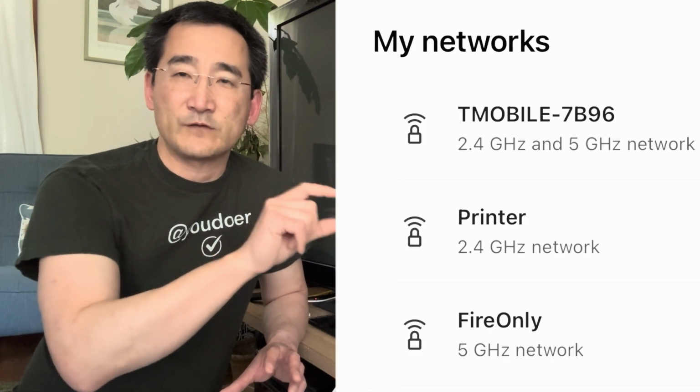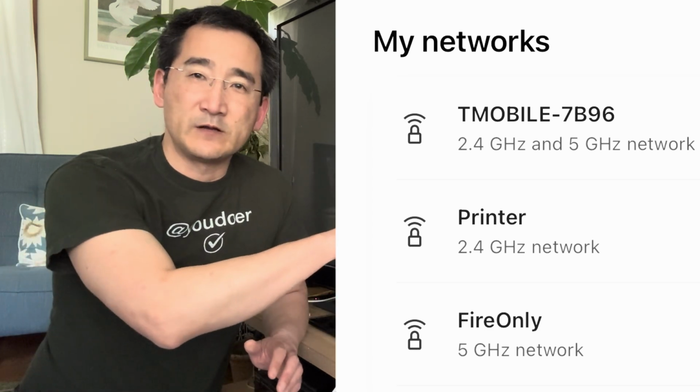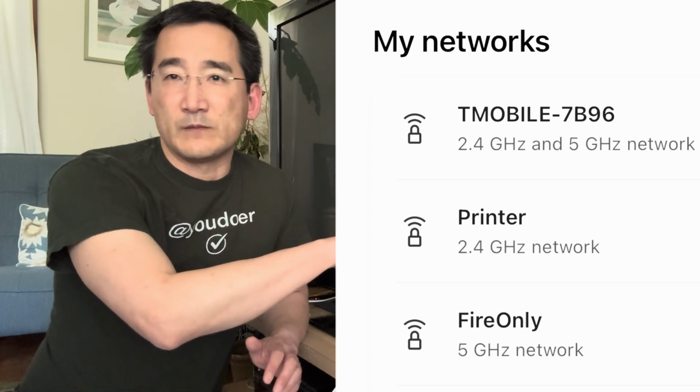I selected that 5 gigahertz Fire Only network, as opposed to my T-Mobile main gateway network. I've not had any major issues since. The buffering seemed to have gone away. I'm not sure that was the solution, but if you're having buffering issues with your Fire Stick or your other streaming device, you might want to try that.